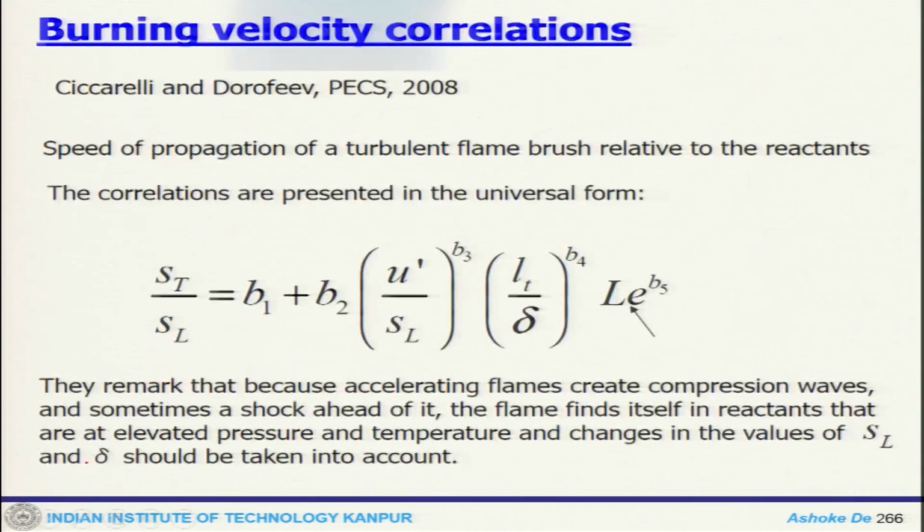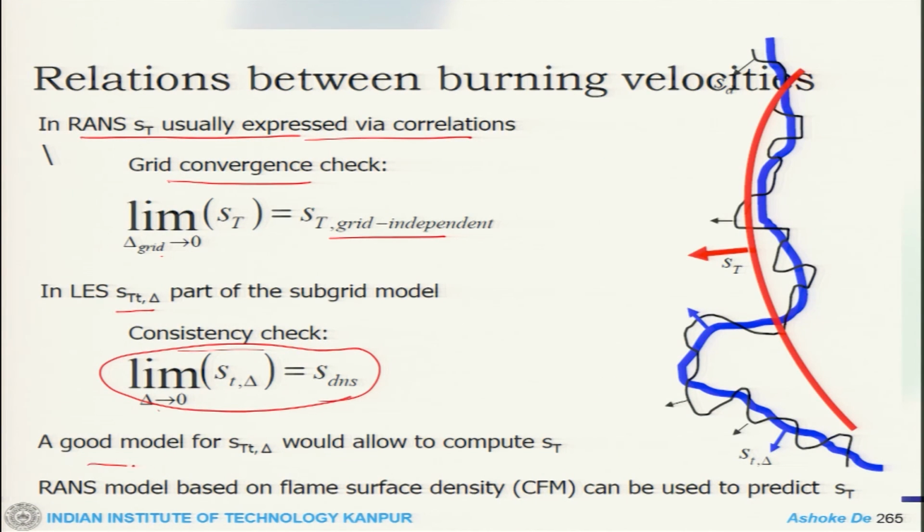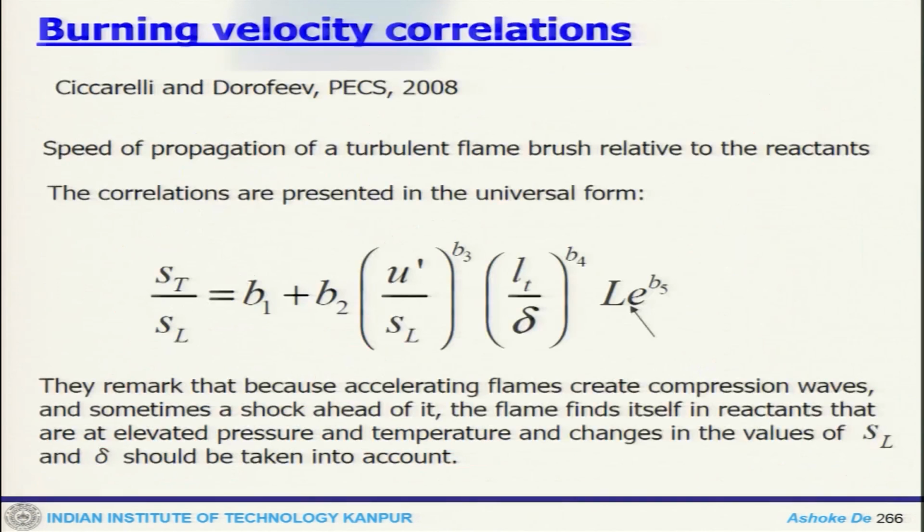So, a good model for ST delta would allow us to compute ST, and a RANS model based on flame surface density can be used to predict ST also. So one thing is that there are different kinds of closures available to model the flame speed, burning velocity and all these things.